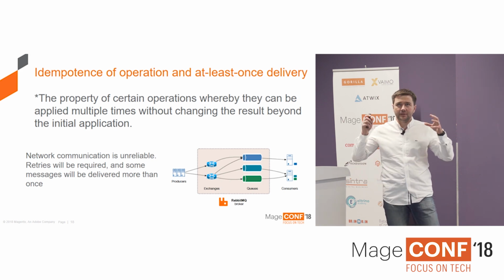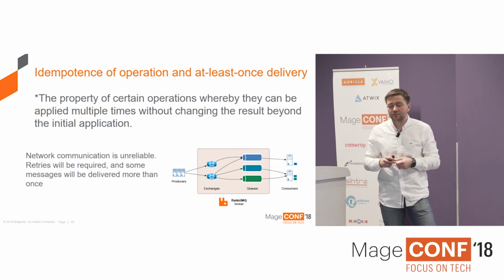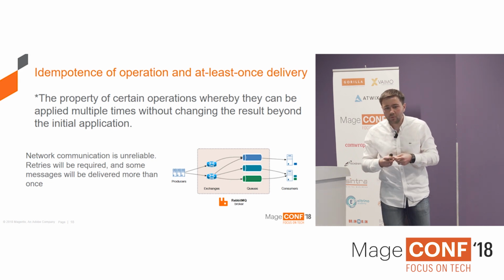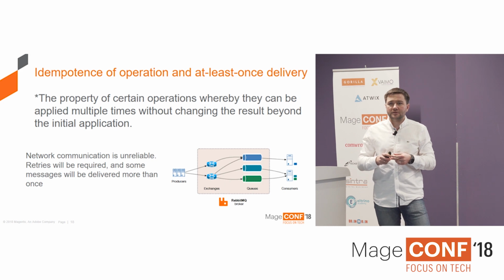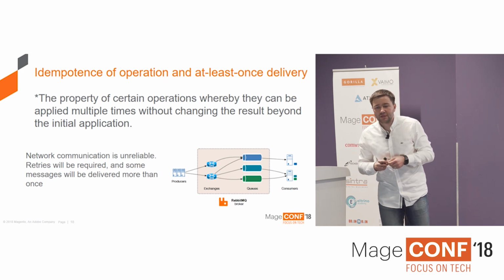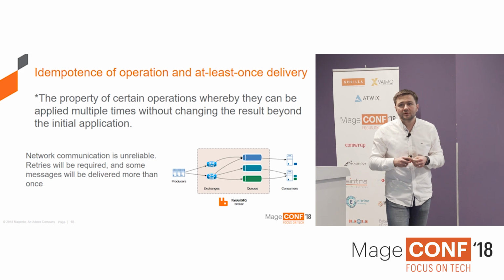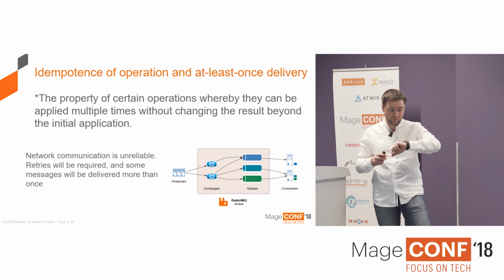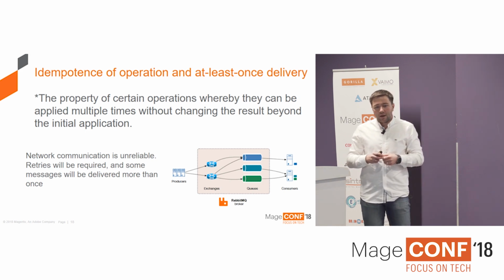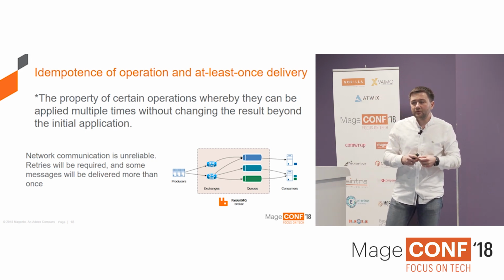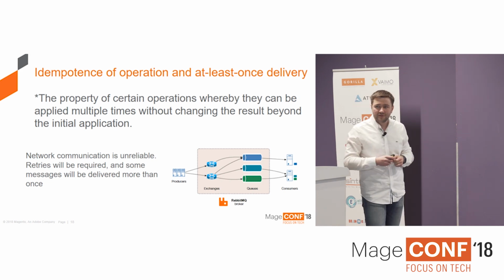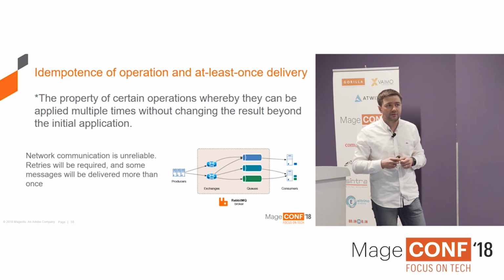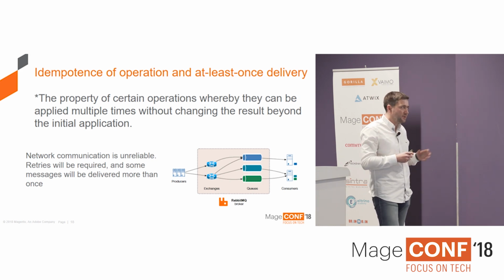And as soon as we deal with a distributed environment, deployed on different servers, we're supposed to understand that network communication is unreliable, and we will lose quite a lot of data during transmission from one server to another. For example, if you work with RabbitMQ, you know that RabbitMQ supports at-least-once delivery. What does it mean?